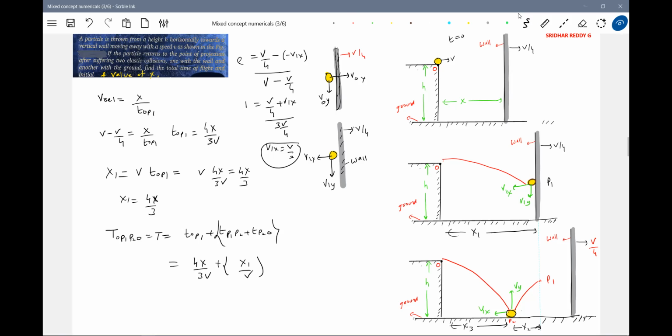Okay, 2 times root of 2h by g. What is the time taken, whether it will strike here or here? The time taken to go and strike the ground is how much? Root of 2h by g, no? Then again it will rebound, because the y component of velocity will not change because of elastic collision.